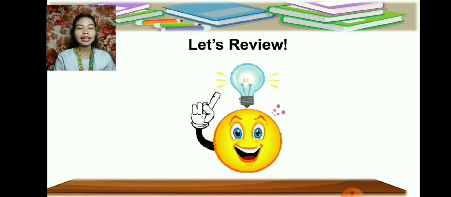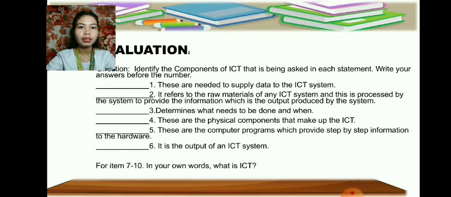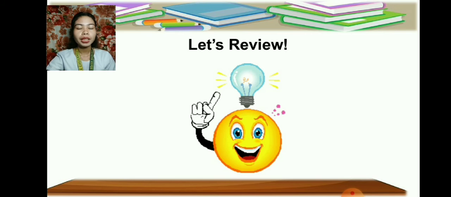Data are raw facts and figures. Hardware are the physical components that make up the ICT system. Software is the name given to computer programs. Information is the data that is converted to give it meaning. Procedure is the series of actions conducted in a certain order to make sure the system runs smoothly.